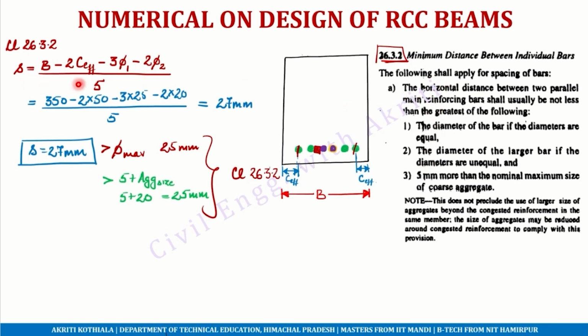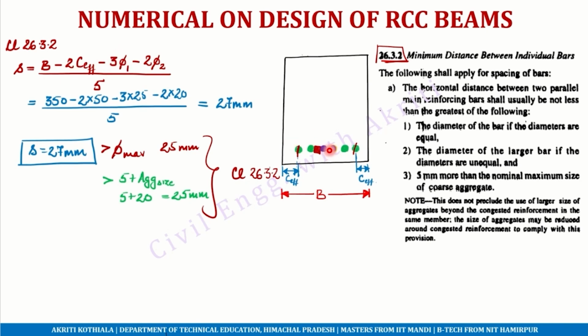Using this clause, we can simply say that b is the total width of the beam. Then we have to subtract the effective nominal cover on both the sides. And then how many bars are there that are to be subtracted? For 25 mm diameter bars, 1, 2, half of this bar and half of this bar, so that calculates to be equal to 3 bars.